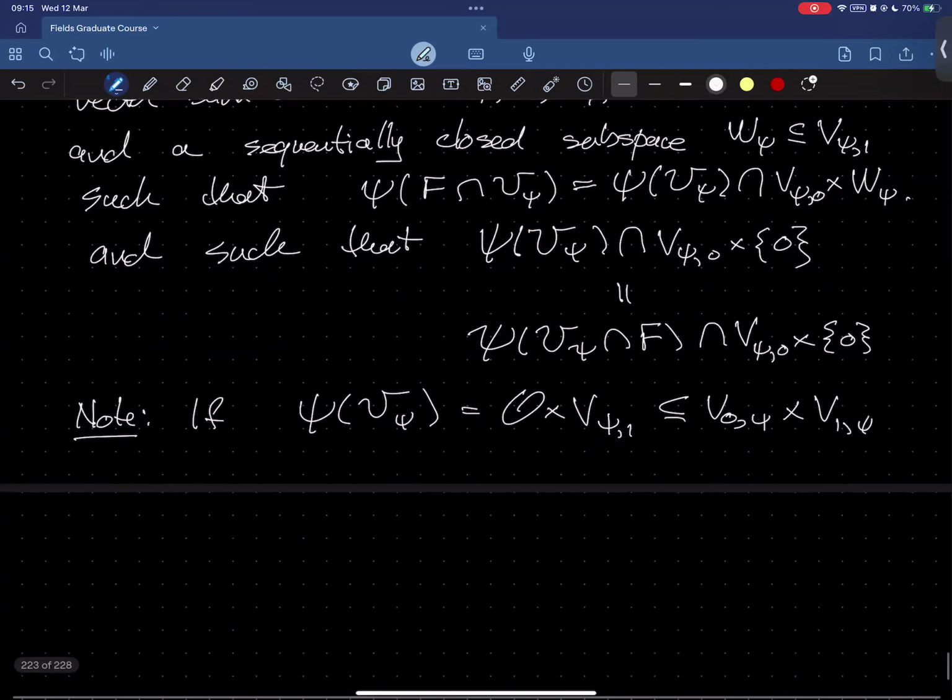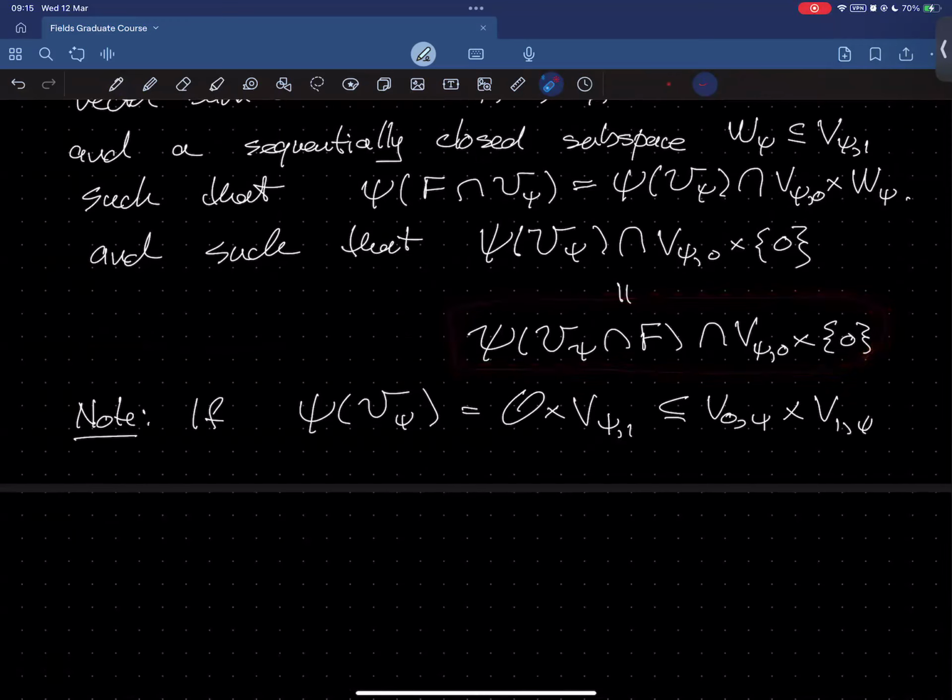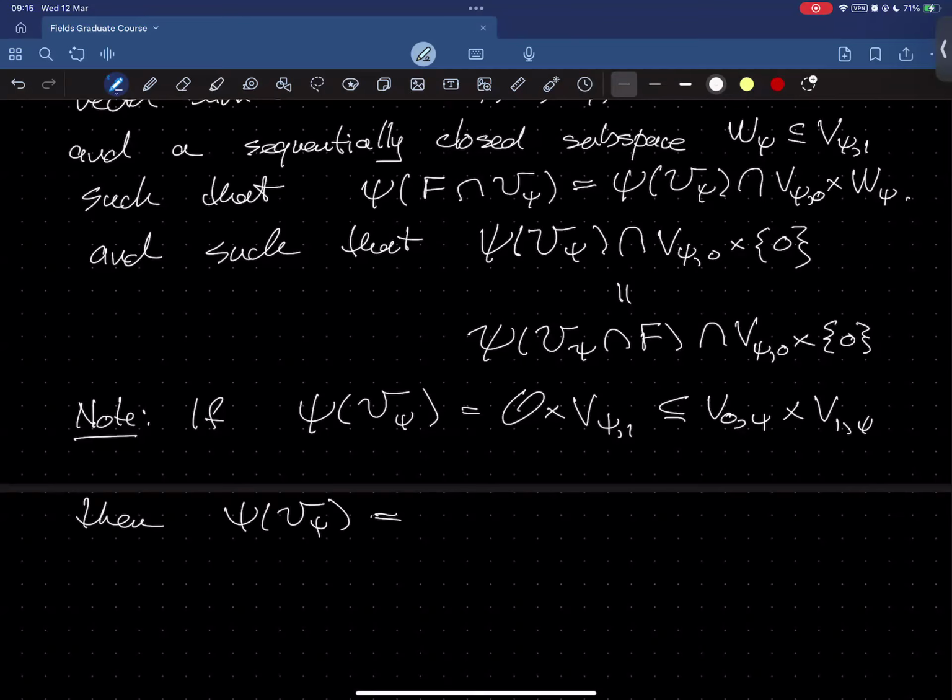Okay. And then this condition here, combined with this condition here, means that psi of V psi is equal to O cross W psi. Okay, so that is a simpler way of encoding the two conditions that I gave for a subbundle.